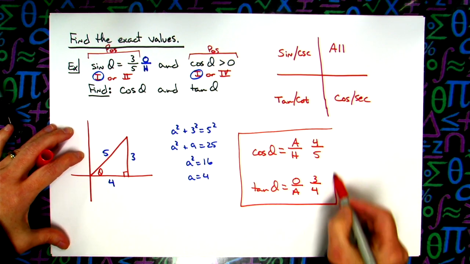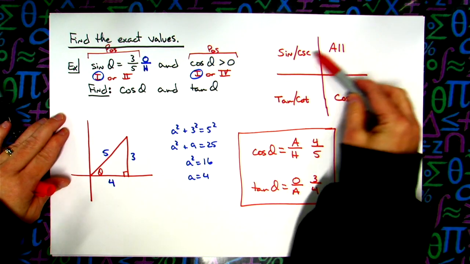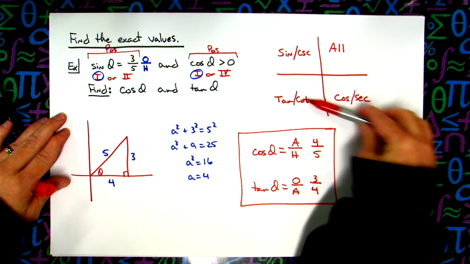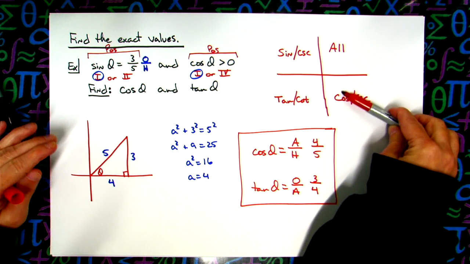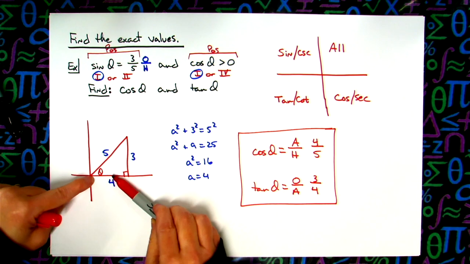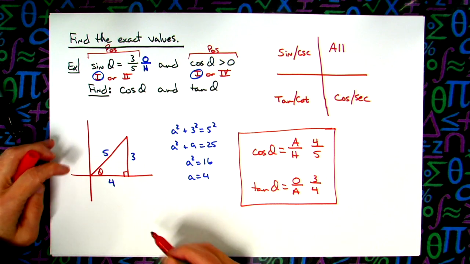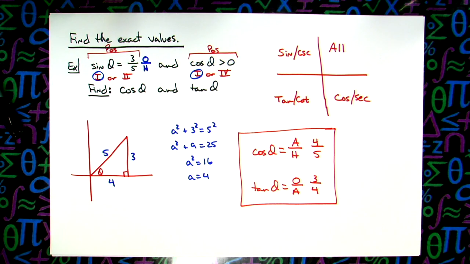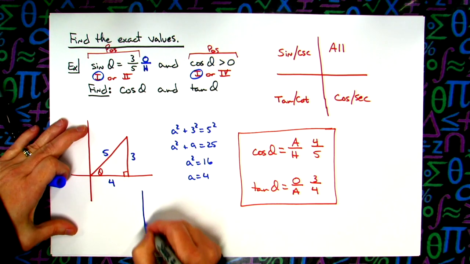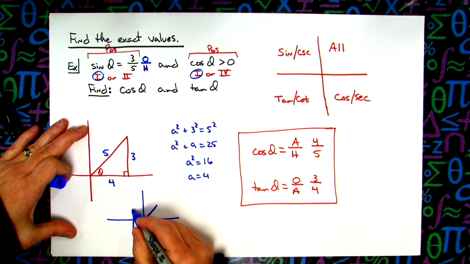So a little bit of thinking to start with. You've got to take the clues, and using which trig functions are positive in which quadrant, determine which quadrant your theta lies in so that you can then draw the appropriate triangle, which will be a portion of that bow tie triangle. Anybody that doesn't know what I'm referring to when I say bow tie triangle, we usually just draw a little bow tie right here.